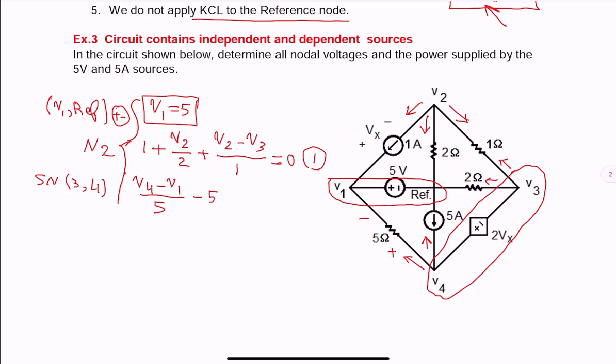Next term we have V3 divided by 2. And between node 3 and node 2, we're looking at V3 minus V2 over 1. And the whole thing is equal to 0. Let's call this equation 2.